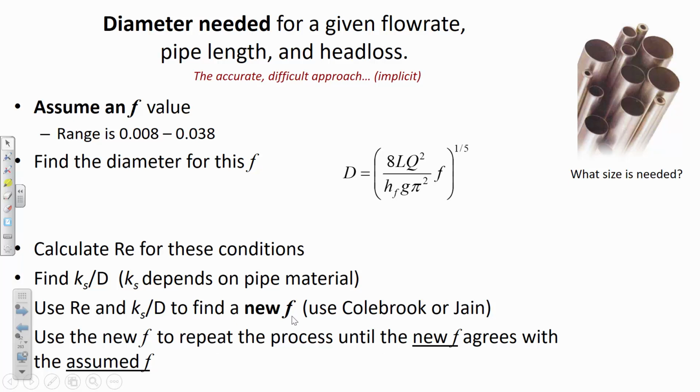If there's an error, you use this newly updated F value, move it up to the top, and do the whole thing over again with your improved value of F. We keep doing it until F isn't changing anymore. So we keep going through the process until convergence, which is when the F value is stabilized and the diameter estimates aren't changing anymore.